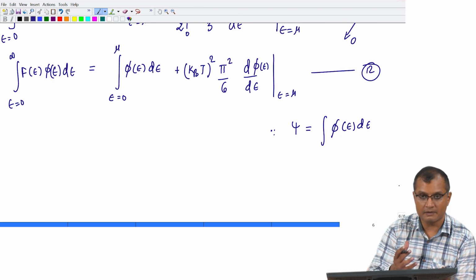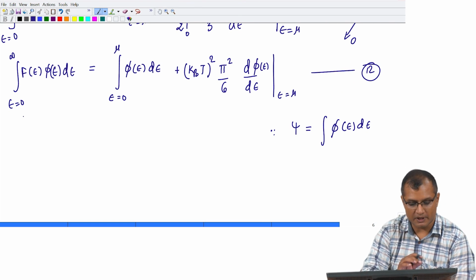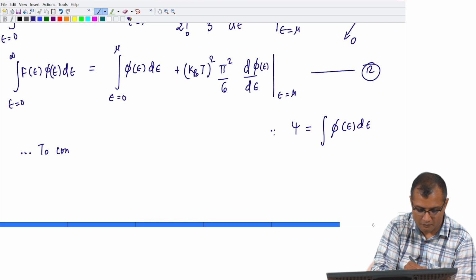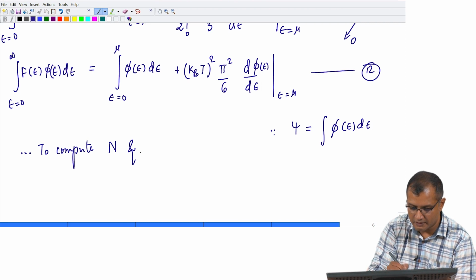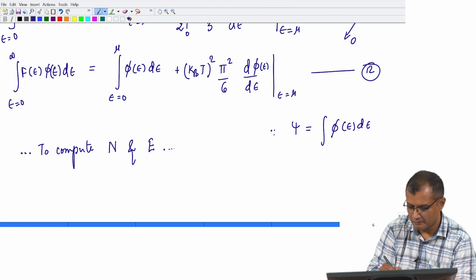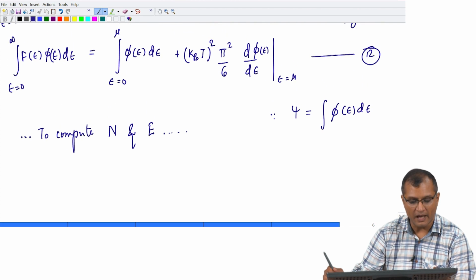and now you can take some cases. For example, you can solve for some thermodynamic properties. So, now we are in a position to compute n and, in fact, I can say n and epsilon. Okay. So, let us see what we get if we try to compute n.